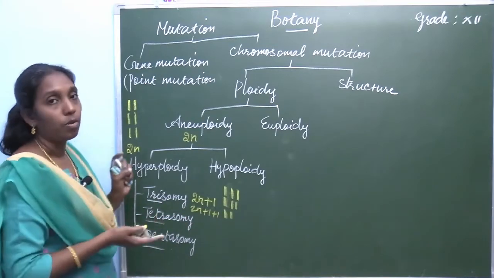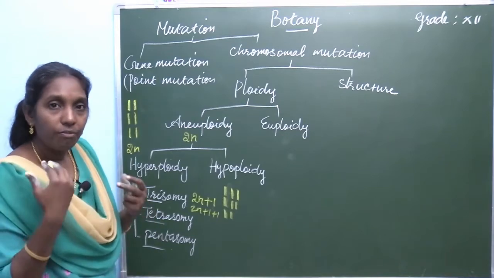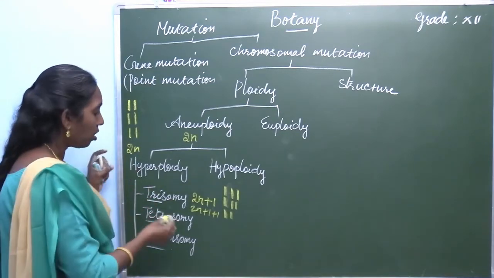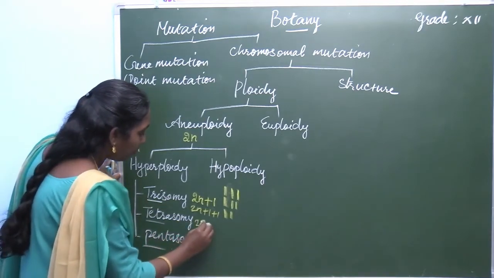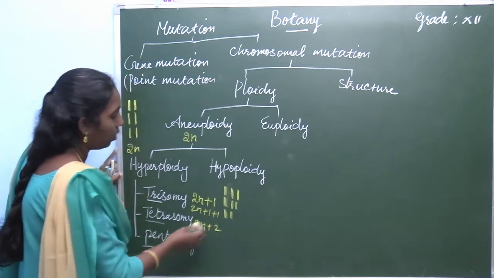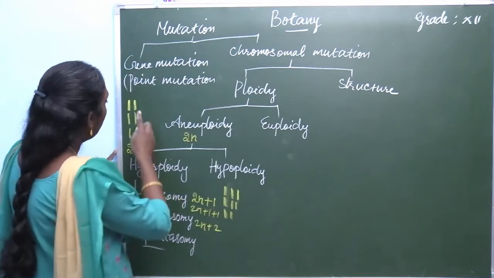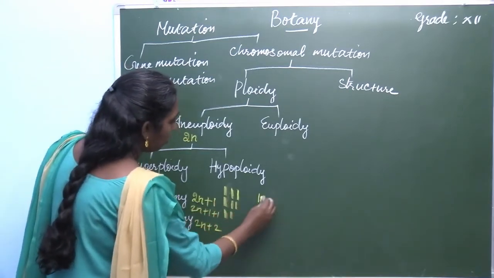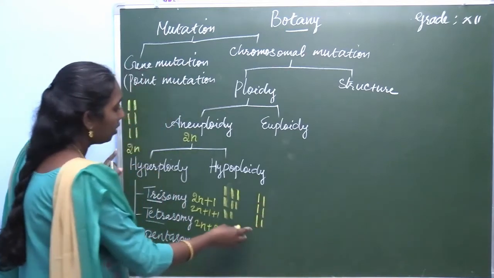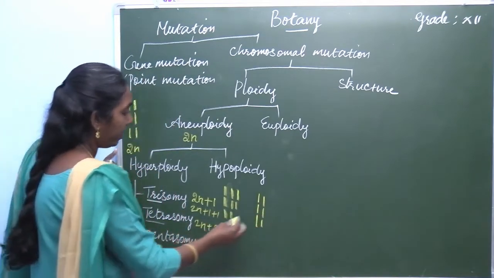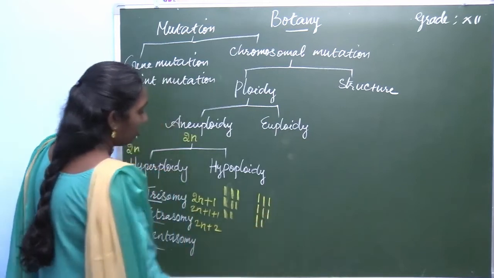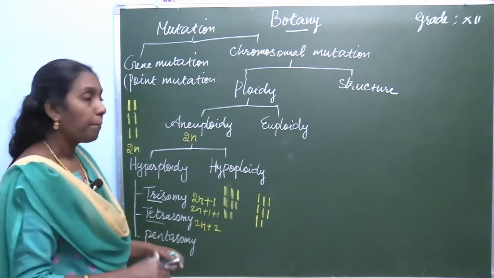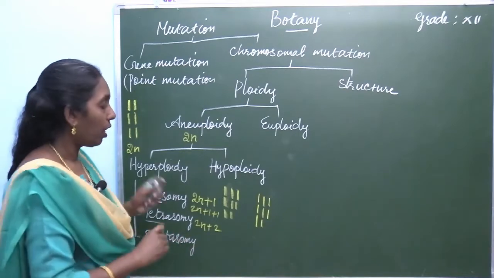Then tetrasomy. Within the diploid set, 2 chromosomes are added, so it's called 2n plus 2. This is the normal set, and in this normal set, 2 are added, 2n plus 2. Then pentasomy, where 3 are added.